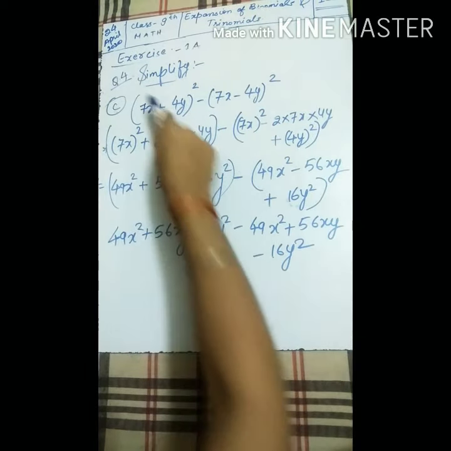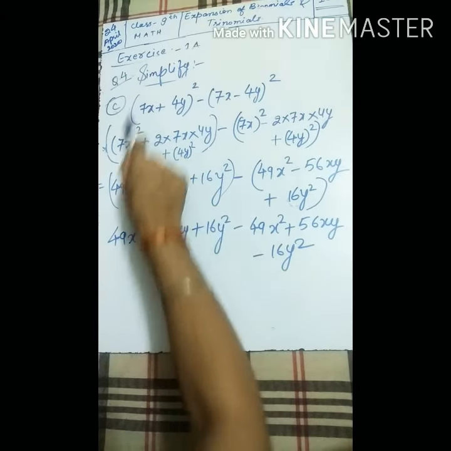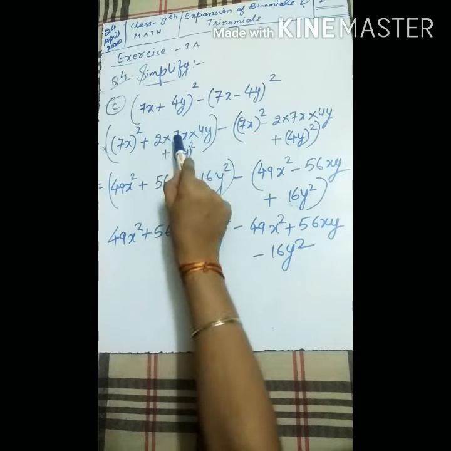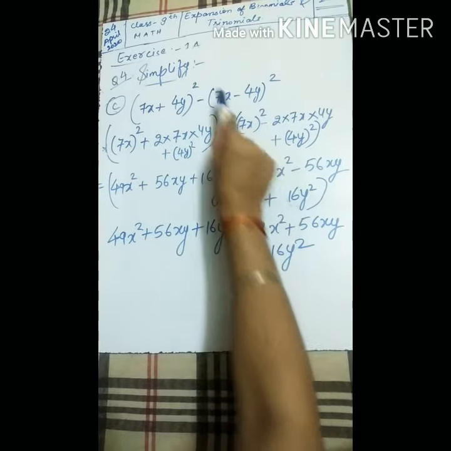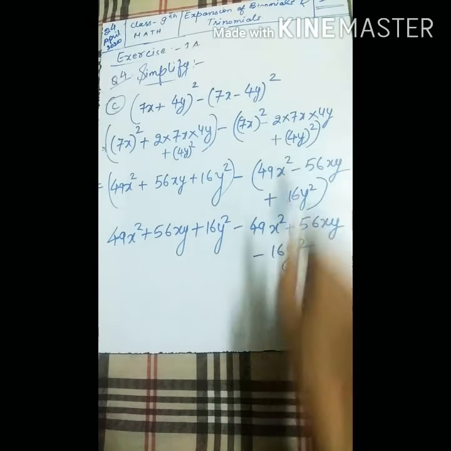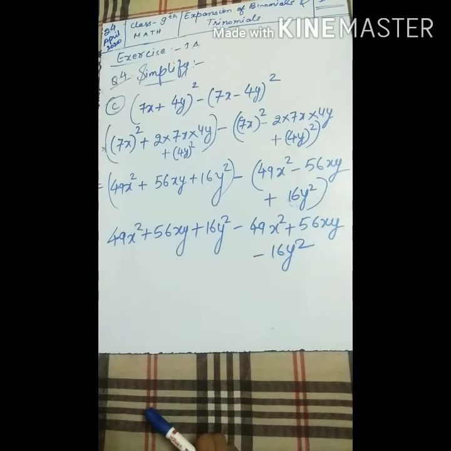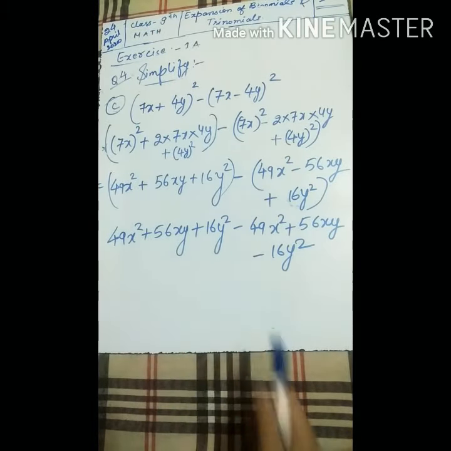So on expanding this bracket we got this as a result: a square plus 2ab plus b square minus a square minus 2 into a into b, 7x into 4y plus 4y the whole square. I did it half just to make you understand fast, so our time should not be wasted.